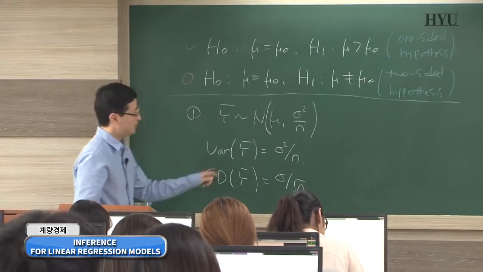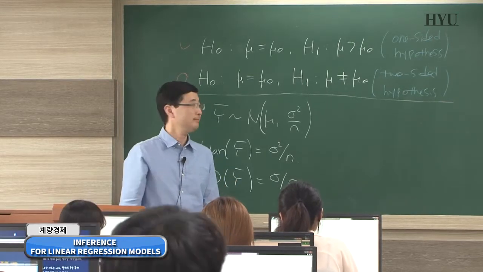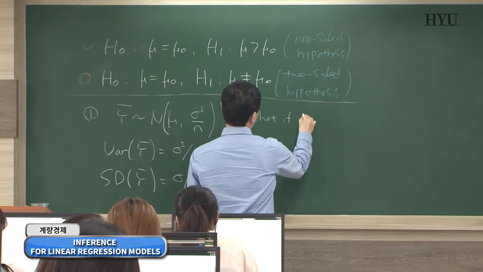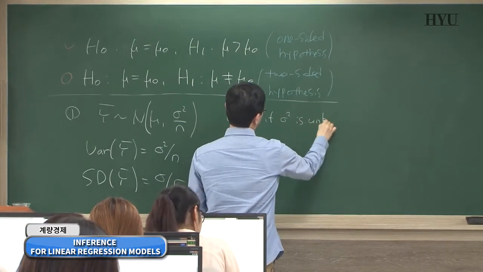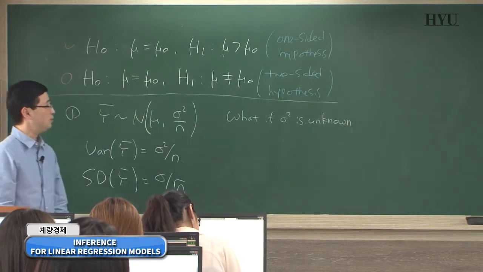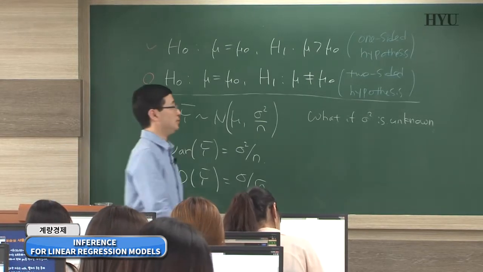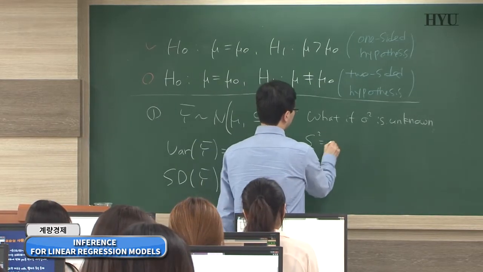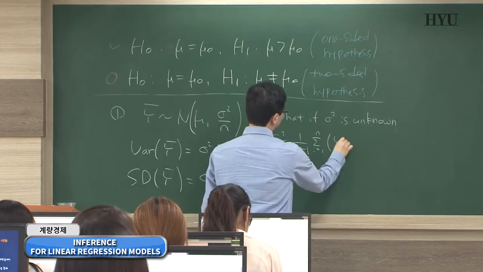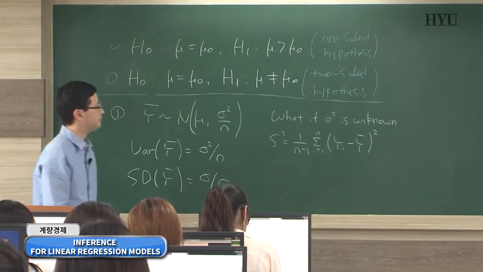Now, what if the population variance is unknown? Then we cannot use this distribution anymore because this part is unknown, but we can estimate the population variance. We can use the sample variance to estimate this population variance, right?